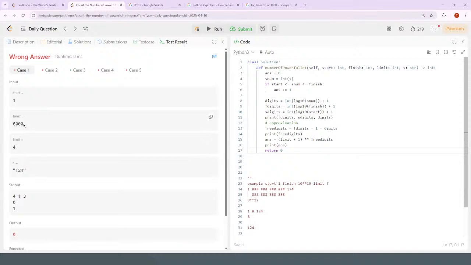So you have 1, so you technically have 0 free digits. Okay, yeah. Because you're considering this as 1,000 rather than 6,000 if you have 4 as your number of finished digits. So if it's not actually a power of 10, then you're going to want to consider the next number of digits.